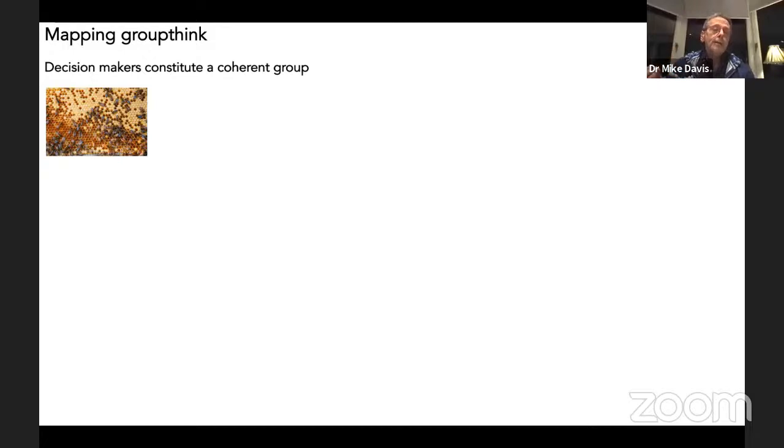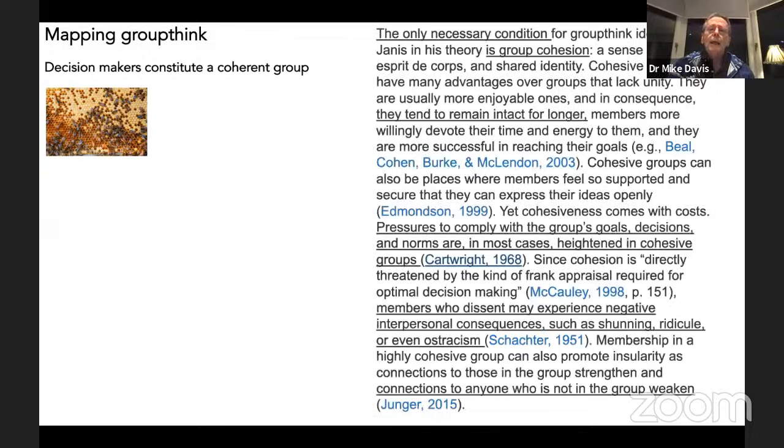But it is also the thing that can create the most common feature that leads to poor decision-making processes. And there's this long quote here that you can have a look at by visiting the website at a later point. But I've identified a number of things that are key ingredients from this quote.